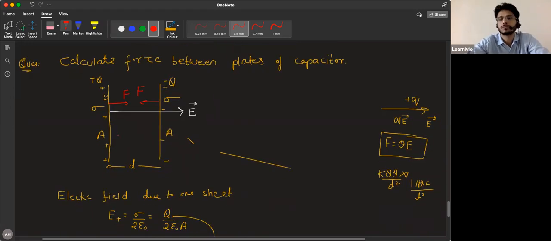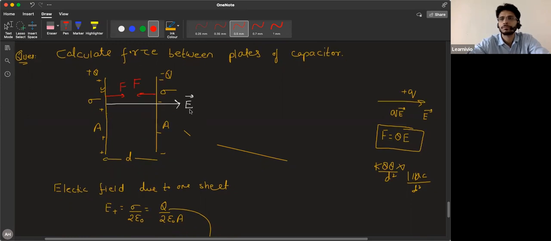Any doubts? Minashi? Muneeb? No, sir. See, you need to calculate force between the two plates of the capacitor.